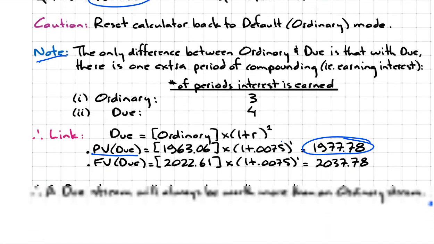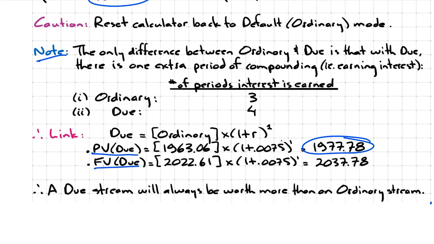How about future value? So to calculate future value of a due, remember the only difference between due and ordinary is this 1 extra period of compounding. Doesn't matter if you're calculating PV or future value. So with future value, we take the ordinary future value, and then we just compound it again by 1 period. You could see the factoring is the same, 1 extra period.